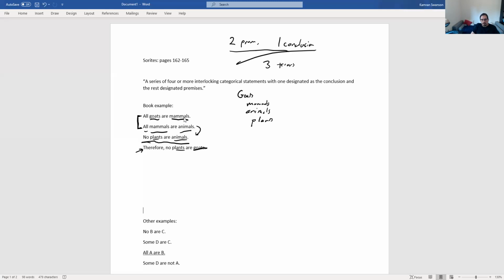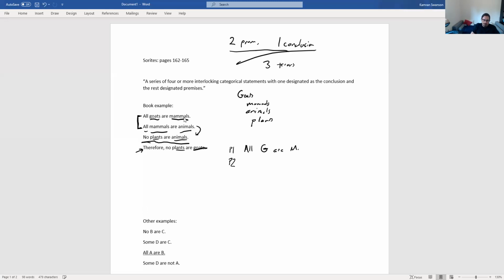Now, we're going to write this over here, abbreviating our subject and predicate terms, whatever the minor, middle, and major terms are, with their key letters. All G are M. Let's just assume for the moment that that's premise 1.